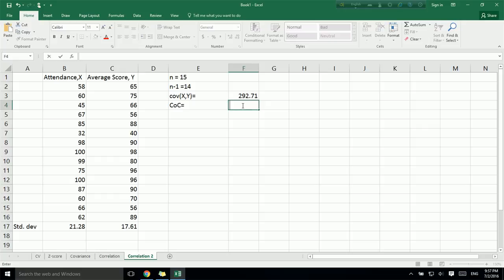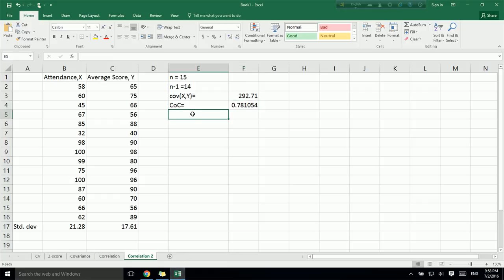So the coefficient of correlation is type equal sign, select the covariance divided by standard deviation of x times standard deviation of y, and enter. The coefficient of correlation is 0.78.